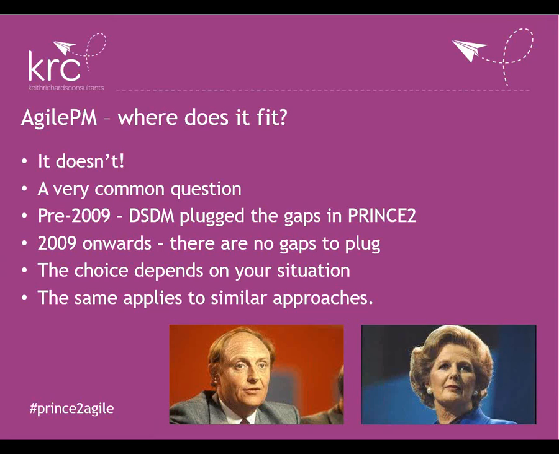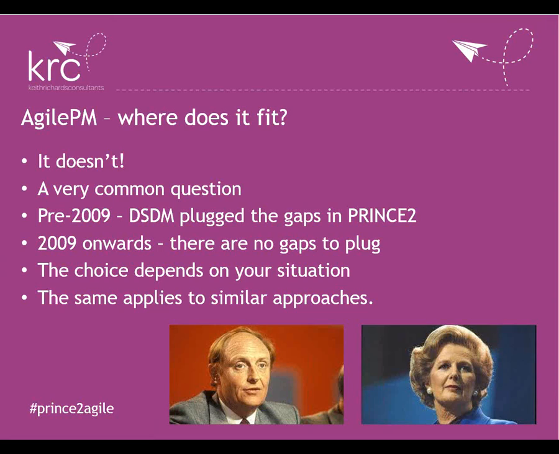I think historically there's an interesting relationship between Agile PM and PRINCE2. If you went back 10 years, they were different, and I'm using the analogy there on the screen of British politics. If you were in the 80s, you'd be looking at very clear differences between, say, the Labour Party and the Conservative Party.